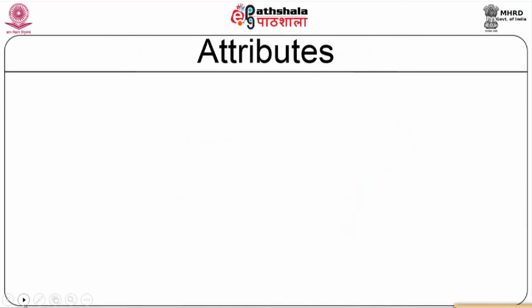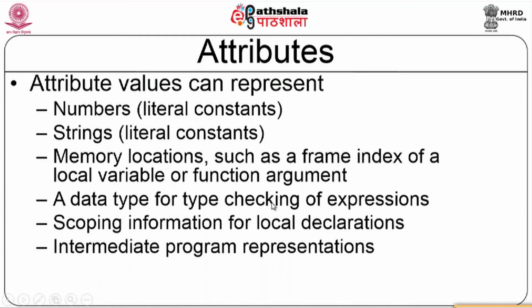Okay. Now in terms of attributes, every terminal and non-terminal has attributes. So attribute values can represent numbers which are literal constants, or strings, again literal constants. It could be memory locations also, such as a frame index of a local variable or a function argument. I can say E dot value is equal to T dot value.